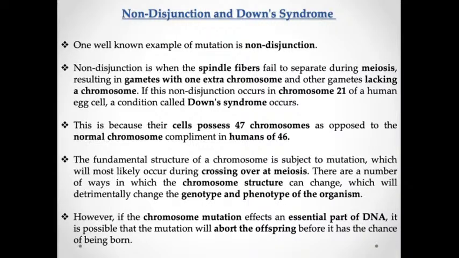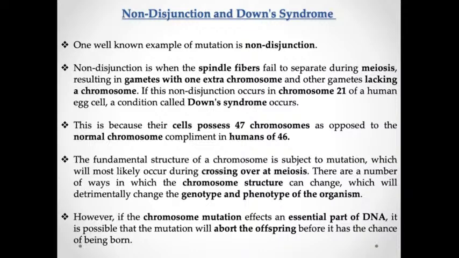So non-disjunction occurs in chromosome number 21 of human egg cells, leading to Down syndrome in humans. This happens because 47 chromosomes are present, as against the normal complement of 46, and that's quite related to Down syndrome.